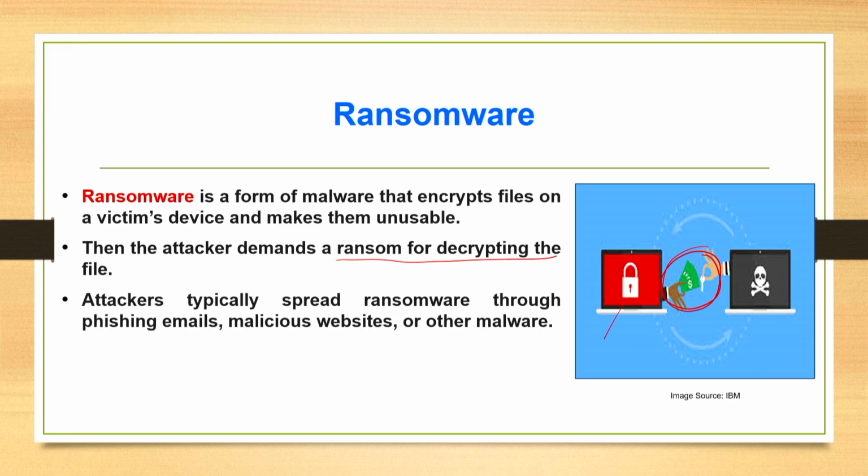Attackers typically spread ransomware through phishing emails, malicious websites, or other malware. Examples of ransomware are WannaCry and NotPetya. It encrypts a victim's data and demands a ransom payment for decrypting it so that you can use it further. So, its primary goal is to extract money from the user.